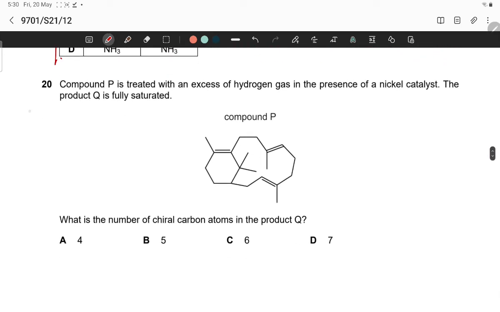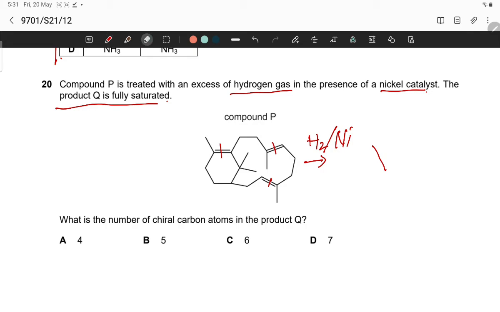Question number 20: a compound P is treated with an excess of hydrogen gas in the presence of a nickel catalyst. The product Q is fully saturated. What is the number of chiral carbon atoms in the product Q? With the reaction of H2 gas with nickel as a catalyst, the double bond is broken.